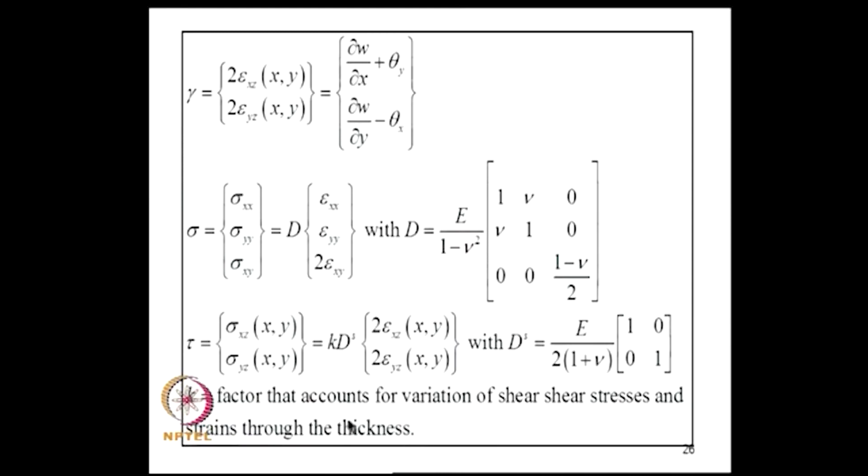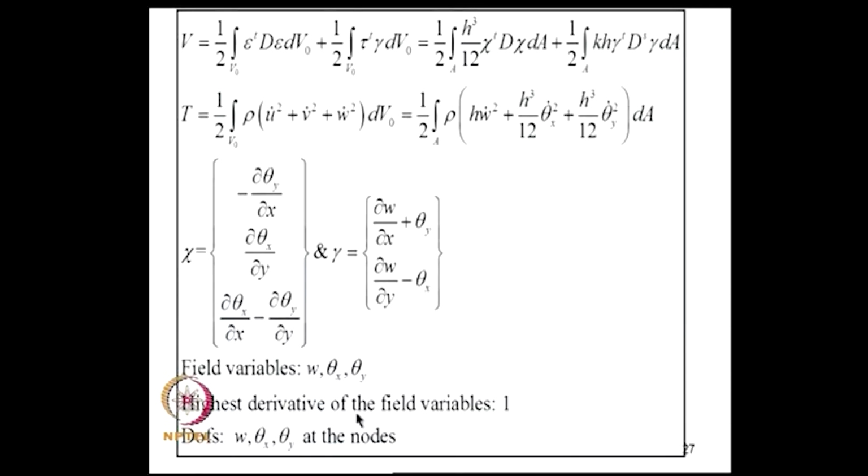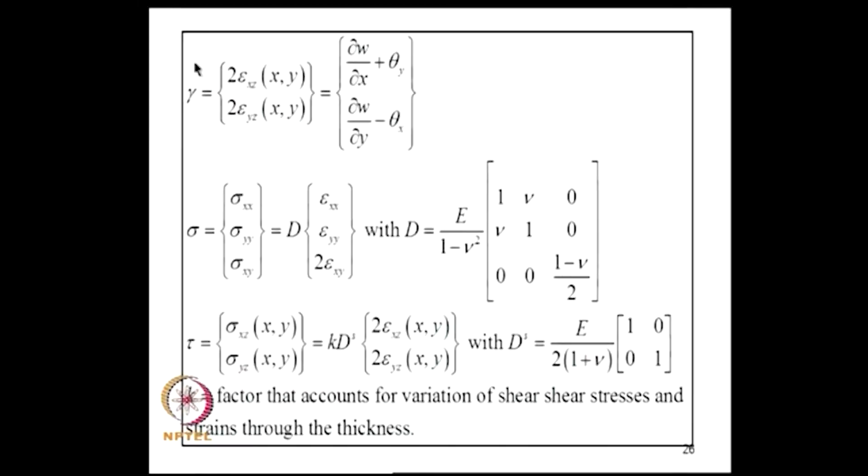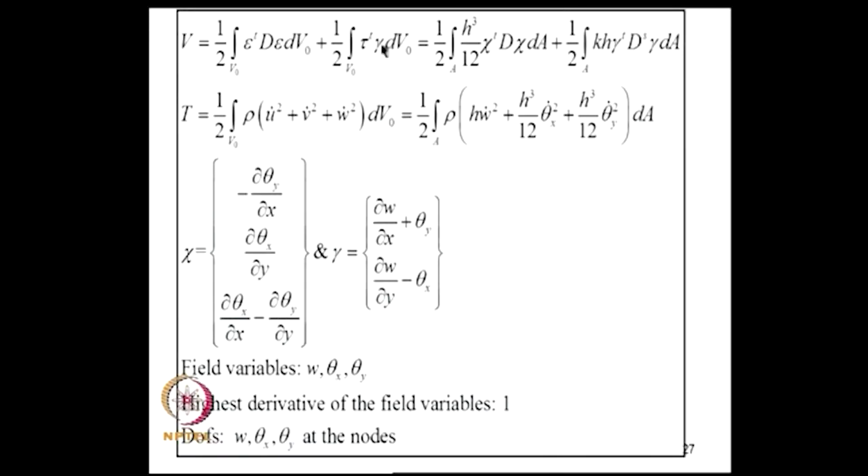This we have already seen when we talked about deep beams in one of the earlier lectures. So, equipped with this, the expression for strain energy has contributions from sigma xx, sigma yy and sigma xy and contributions from shearing stresses. So, I write that separately. This is epsilon transpose D epsilon, this is tau transpose gamma, and carrying out the integration across the thickness, I get the first term as this and the second term as this.